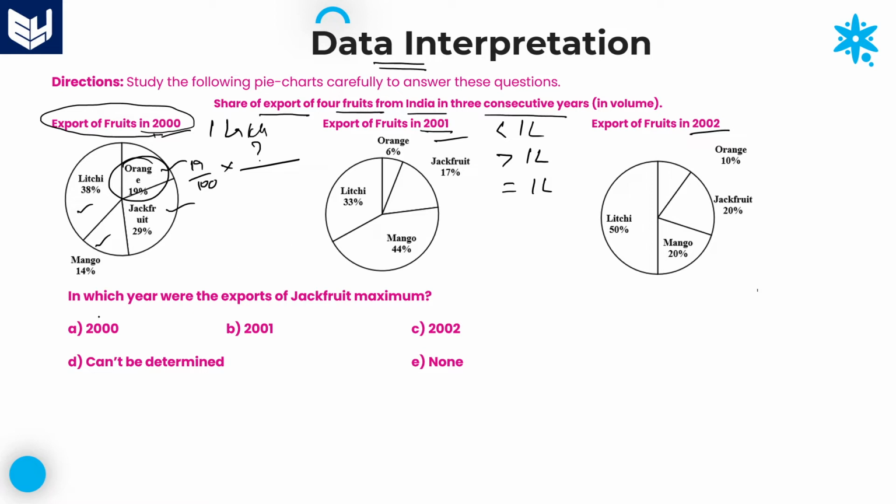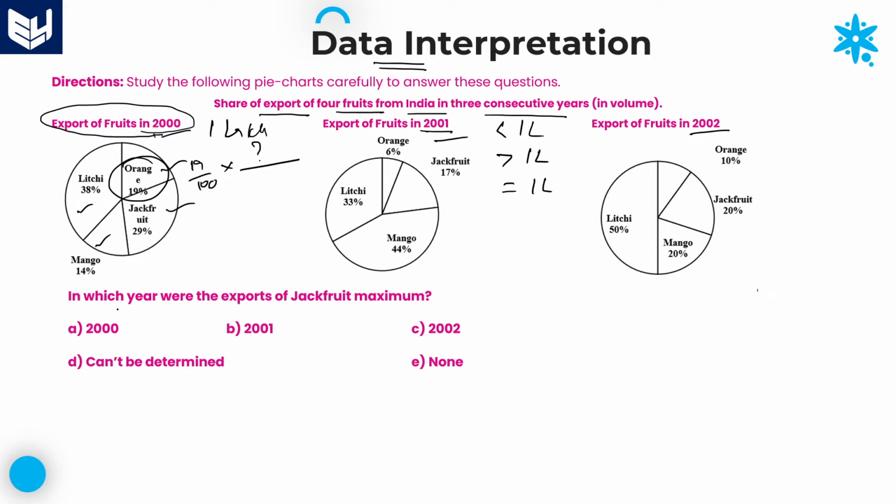Look at the question. In each and every question related to this pie chart, whatever questions I am explaining in this session, I have created them to understand what kind of questions are asked, especially related to cannot be determined cases.